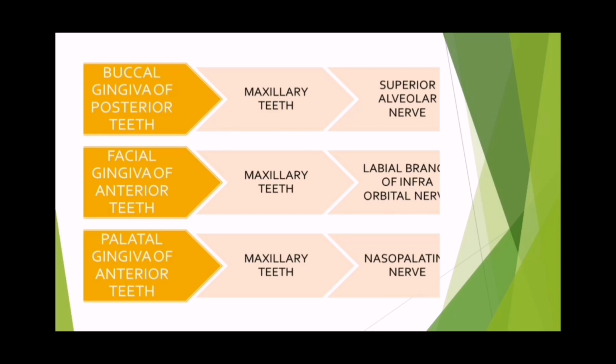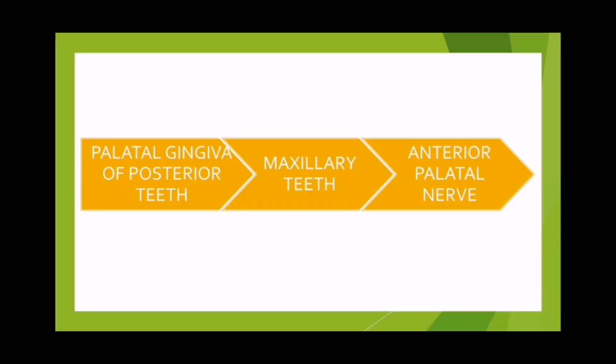The facial gingiva of the anterior maxillary teeth is supplied by the labial branch of the infraorbital nerve. The palatal gingiva of the anterior teeth of the maxillary arch is supplied by the nasopalatine nerve. The palatal gingiva of the posterior teeth of the maxillary arch is supplied by the greater palatine nerve.